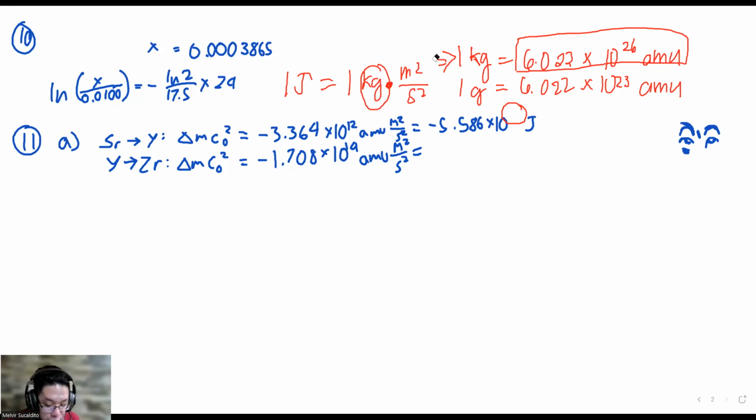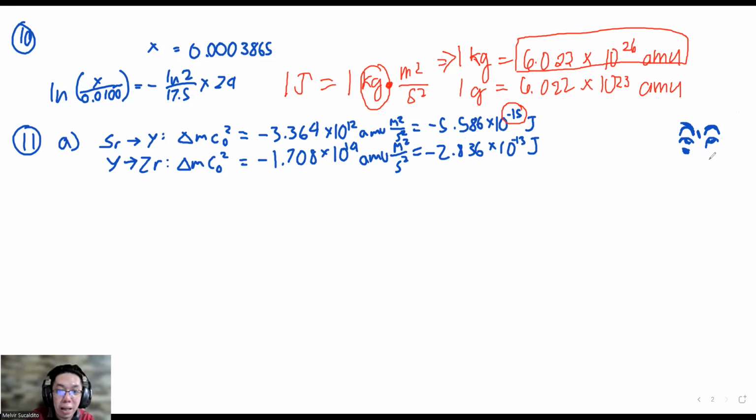Okay, continue. Correct again: 2.84 times 10 to the negative 13 joules.